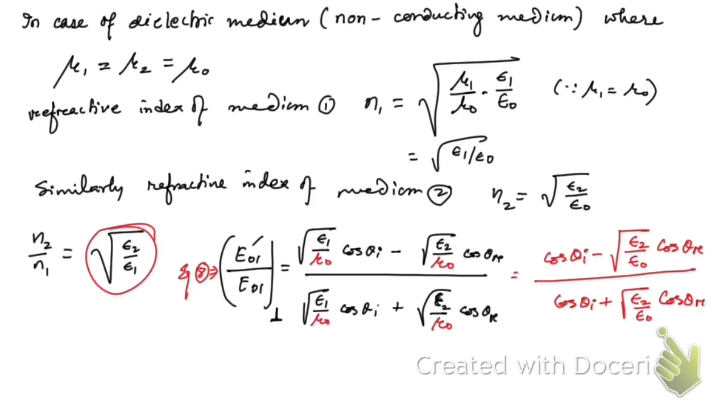So now this is nothing but equal to n2 by n1. So we can replace this with n2 by n1.